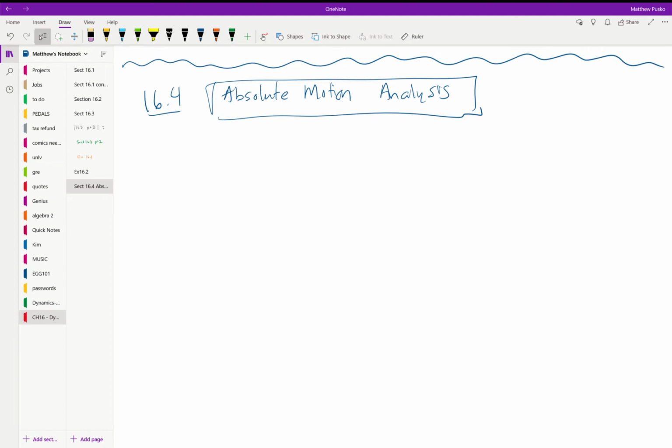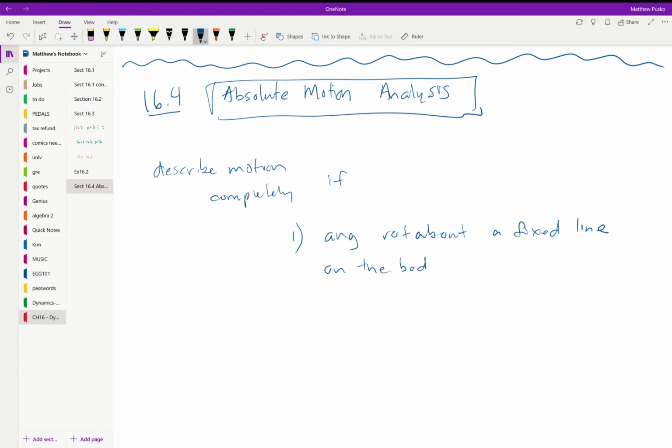basically saying that we can describe the motion completely if we know the angular rotation about a fixed line on the body or through the body, and the motion, so this would be a rotation, and the motion of a point on the body.